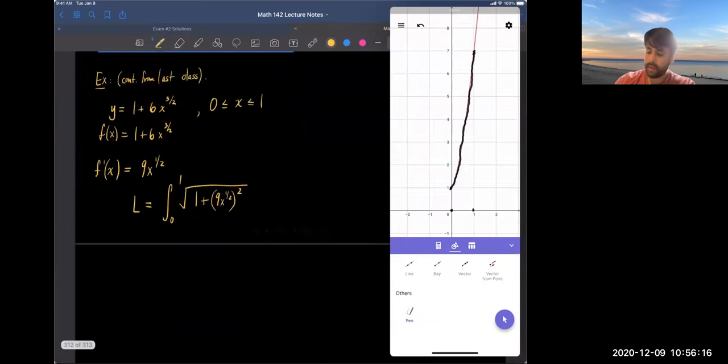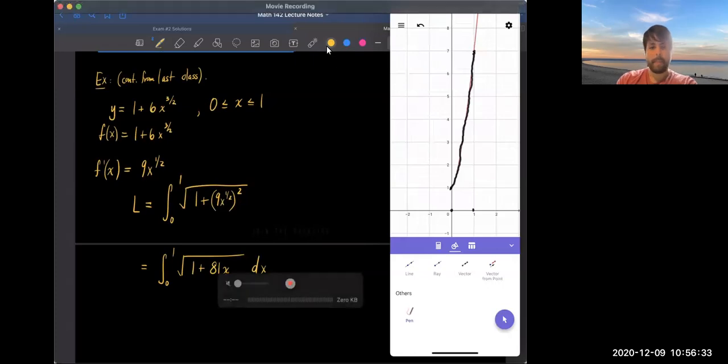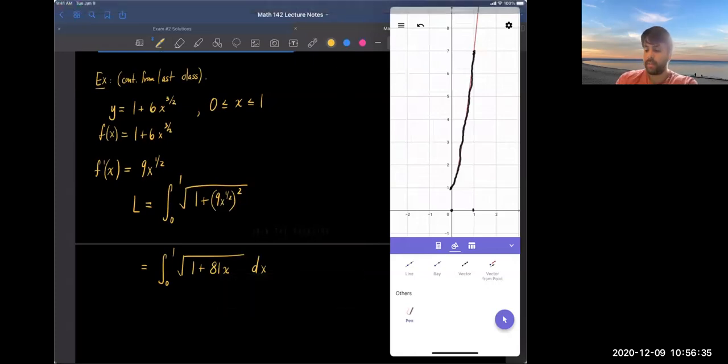And then this becomes the integral from 0 to 1 of the square root of 1 plus 81x dx. And now I want to evaluate this. Now, how do we evaluate this integral? You guys are experts at integrating, right?